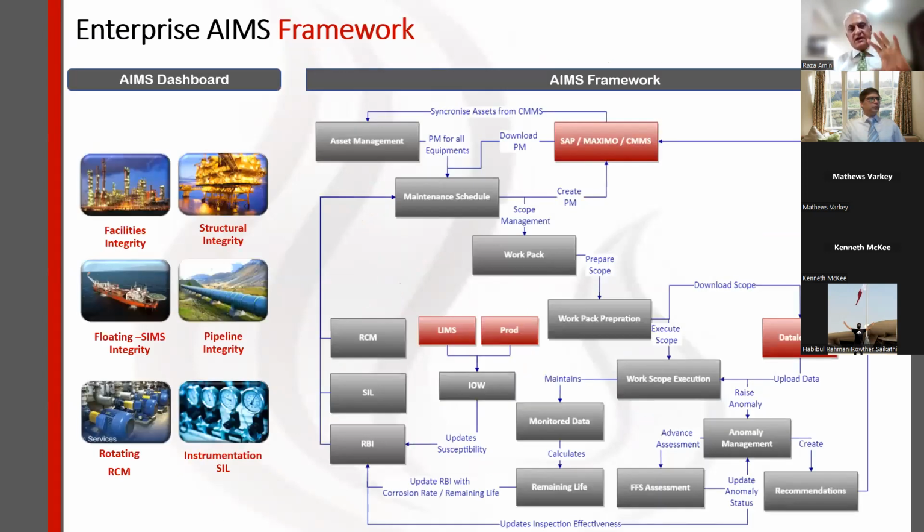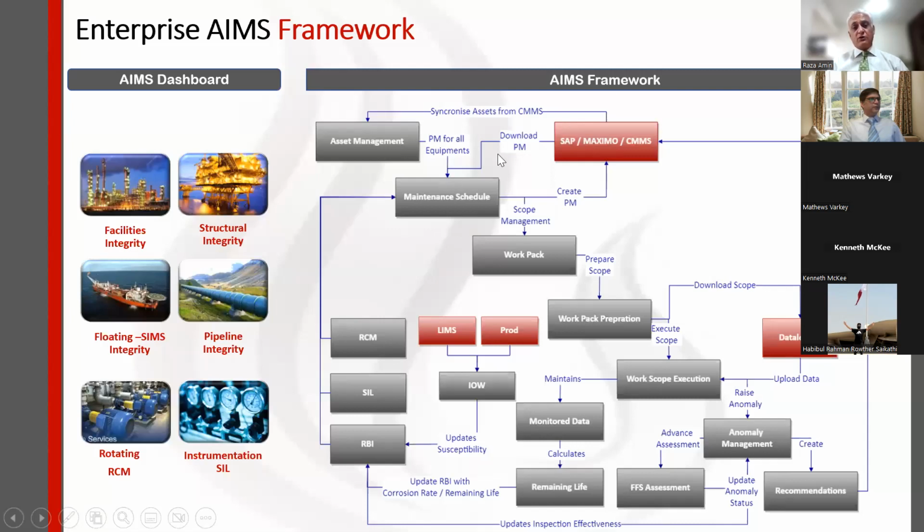Here is a framework of asset integrity management. The diagonal modules that you are seeing here in a digital system, you start with asset management, where you store data at component level. You can synchronize it with your CMMS system, download it for quick implementation.